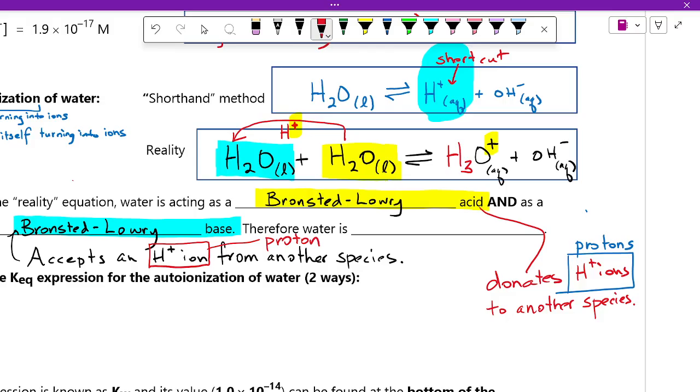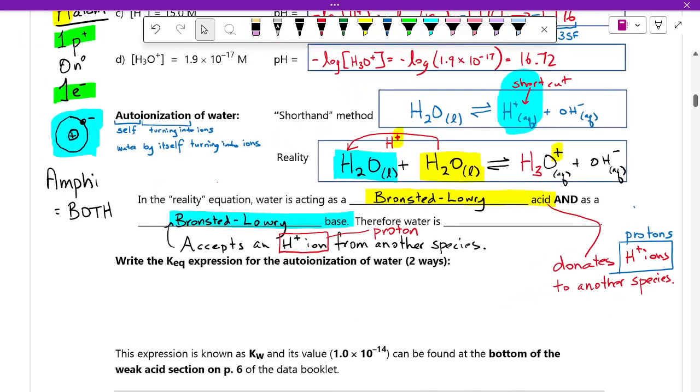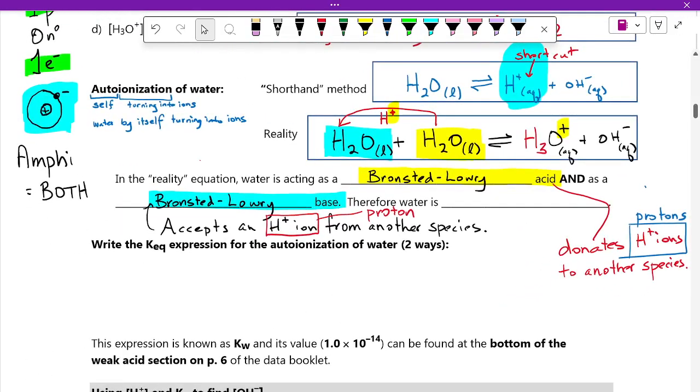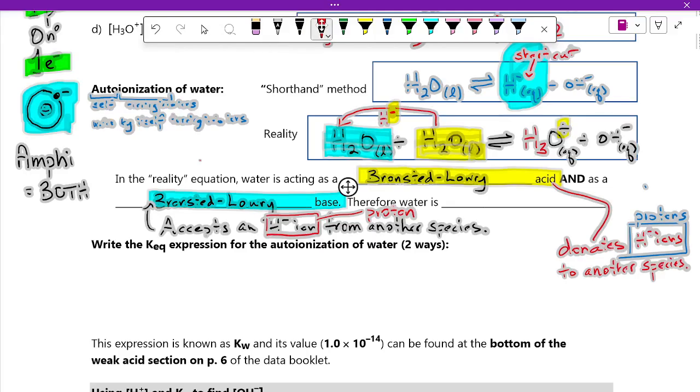Now, all of that comes back to say that water is both donating protons and accepting protons. It is acting both as an acid and as a base. So if it does both things with protons, we can say that water is amphiprotic.